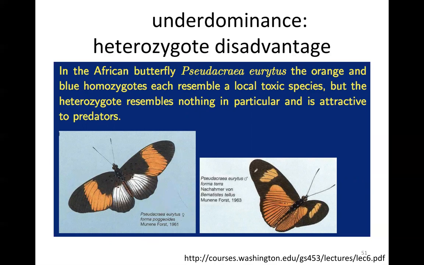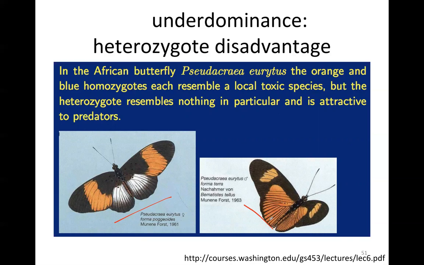They are members of the same species, but different forms. This is a case of mimicry, where one type resembles one local toxic species, so it can avoid predators. The other type resembles another toxic species, but when they mate, the hybrids don't look like either, so they have lower fitness.